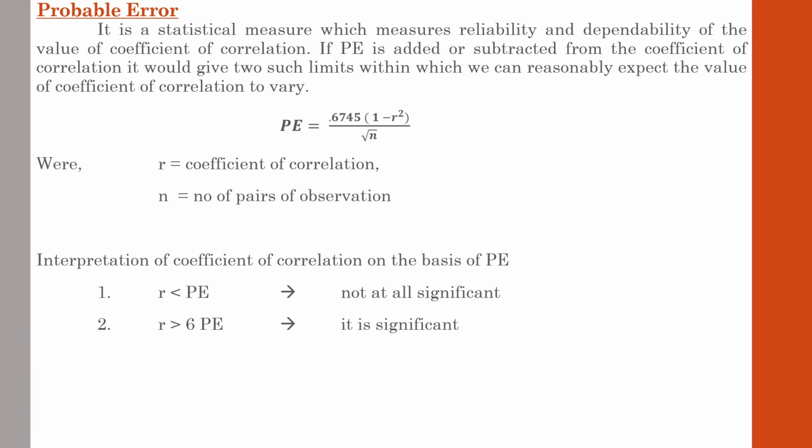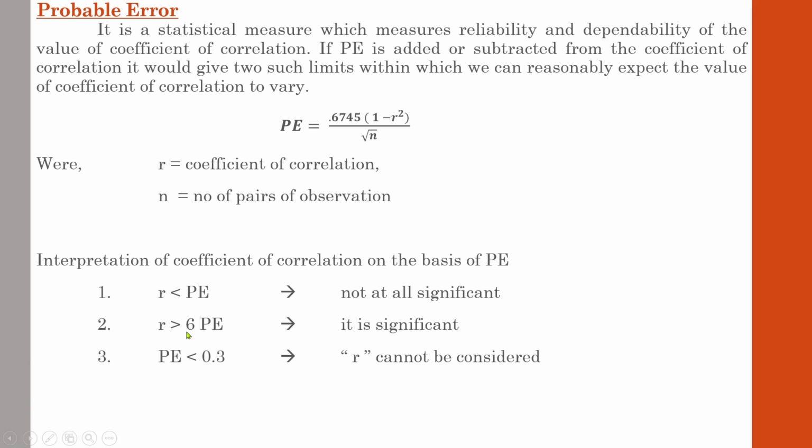Next one, if R is greater than 6 times the probable error, that means if you multiply 6 into the probable error value, you get a value lower than the value of correlation, in that case we can say that there exists a significant correlation between the values. Remember this interpretation, because you need to interpret the cases accordingly.